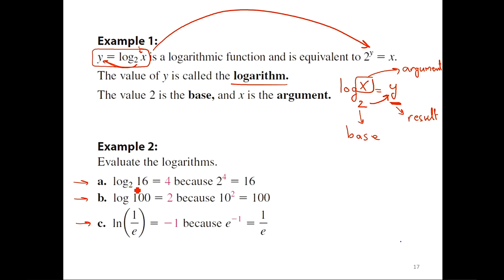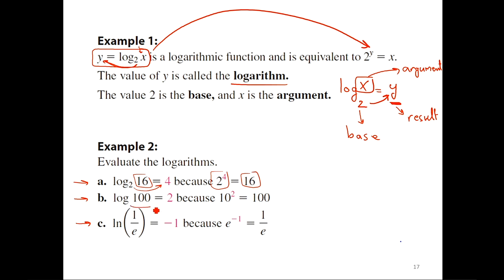Look at this example of equivalence between logarithm and exponential form. If we have logarithm 16 to base 2, this equals 4, because 2 to the power 4 equals 16. Now, this means 16 equals 2 to the power 4. The same with base 10, but no need to write it.